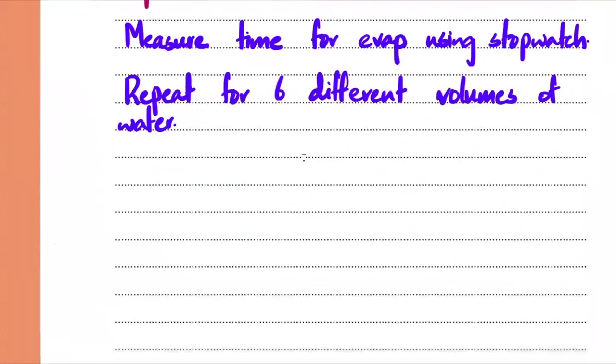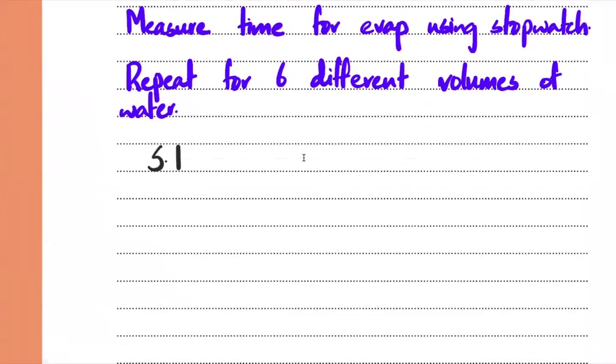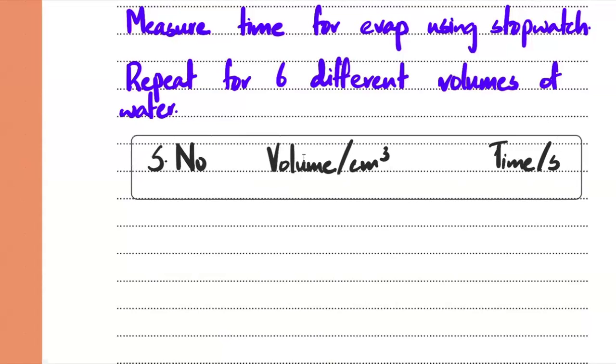So if I make this, let's say, and again, this is not important, serial number, this is the volume of the water, an appropriate unit, could be meter cube, could be cm cube, and time, again, usually seconds or minutes will work. And this is what your table of values looks like. So these are our values.